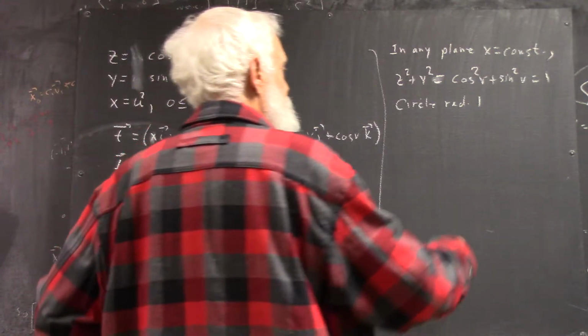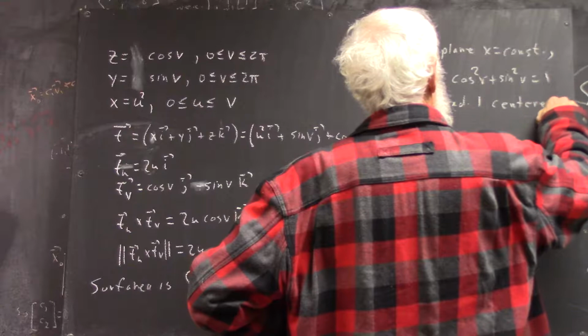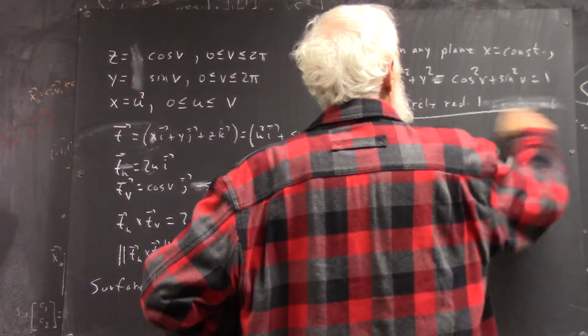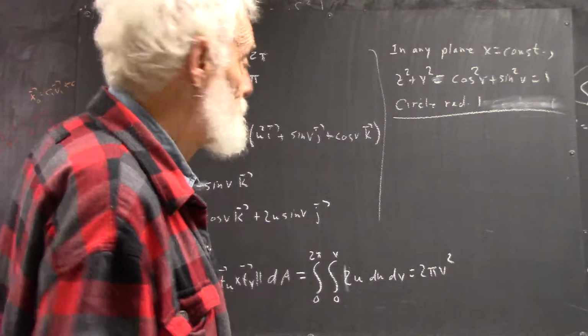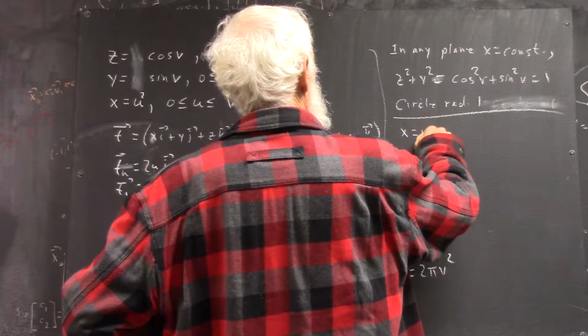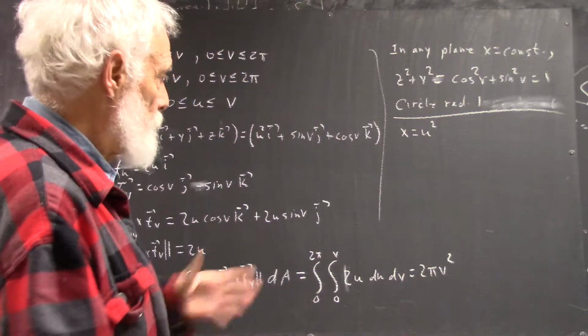Well, I won't say what its center is yet. Circle of radius 1. Now, x equals u squared, right? So it makes you think of a parabola.